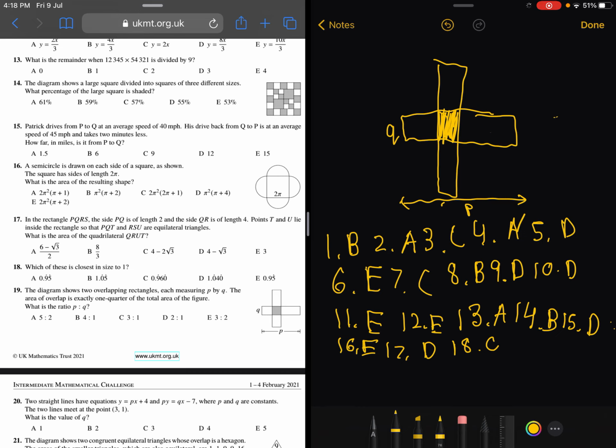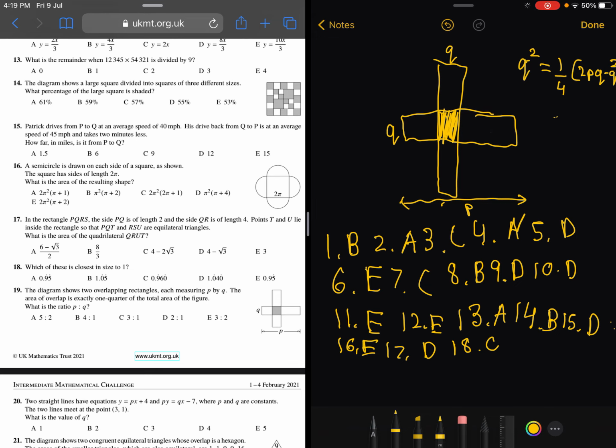So we already know the area of the shaded figure is actually q squared, because this would also be q, and q times q is q squared, and that is equal to 1/4 of the entire area, which would be 2pq minus this thing in the center, so 2pq minus q squared.